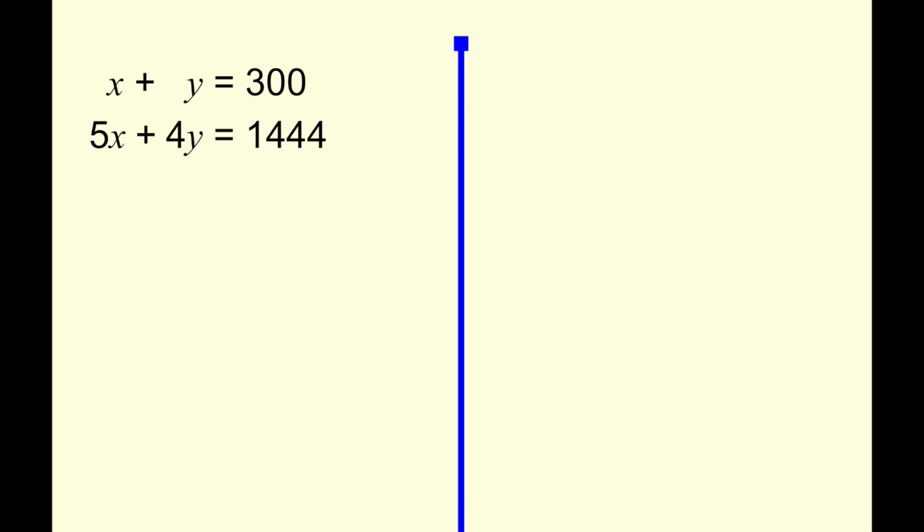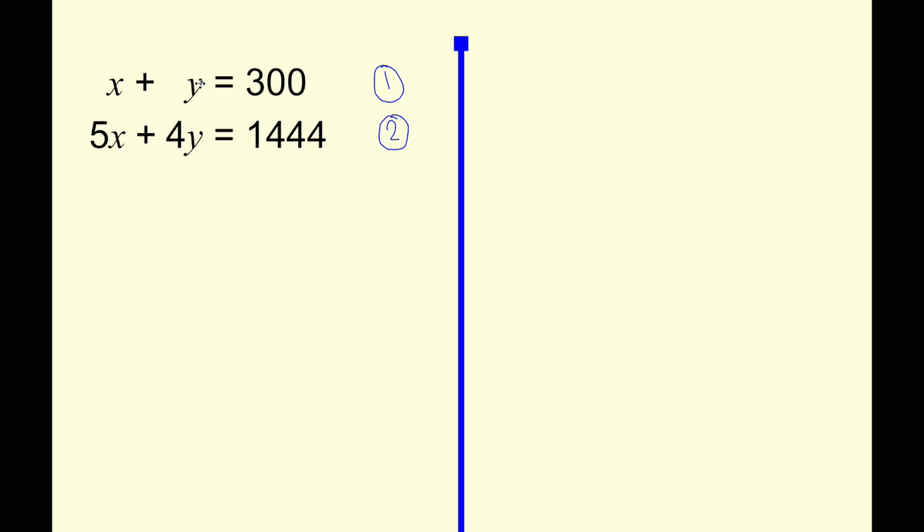Okay, so here's our information again, and what we're going to do is, as we would with the elimination method, we're just going to label these. So this is the first and this is the second, just so that we can reference them a lot more easily.